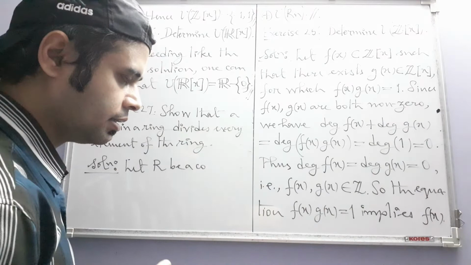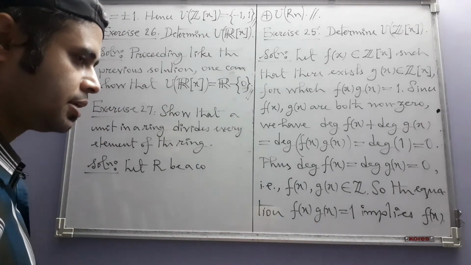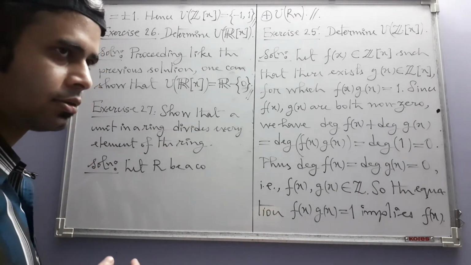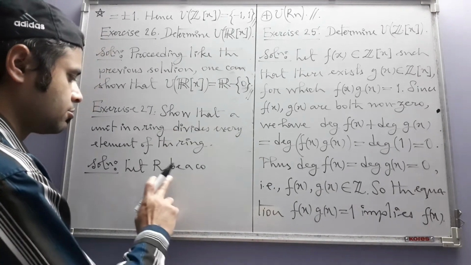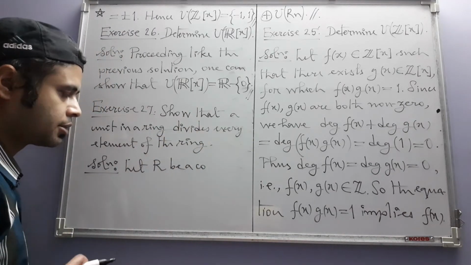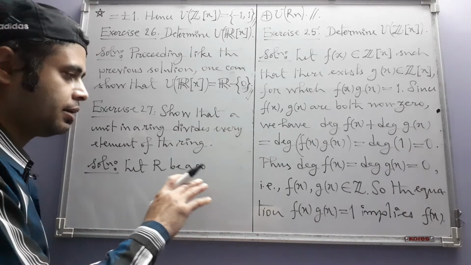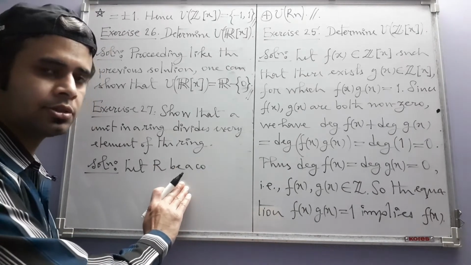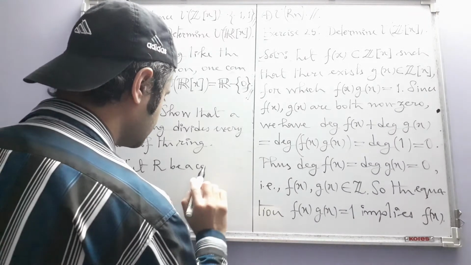Division, or rather divisibility, has it been defined for arbitrary rings or commutative rings? So far as I remember, the notion of divisibility is defined only for commutative rings. So I am going to assume commutativity, although that is not explicitly mentioned here. But if I see that it has been defined in the text for non-commutative rings also, I will come back to this exercise in the next video. Okay, let us do it for commutative rings.